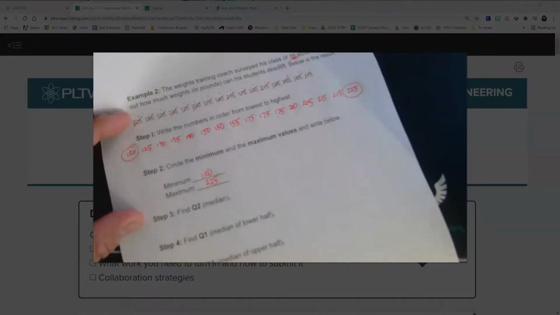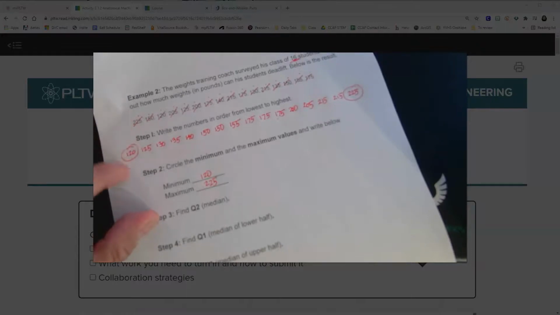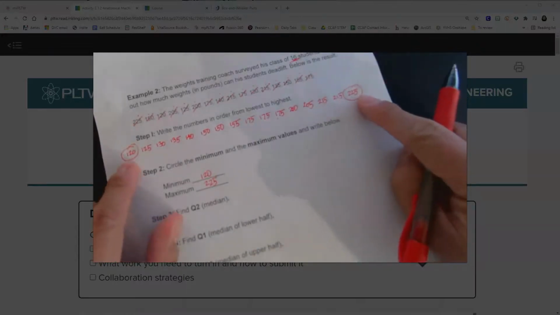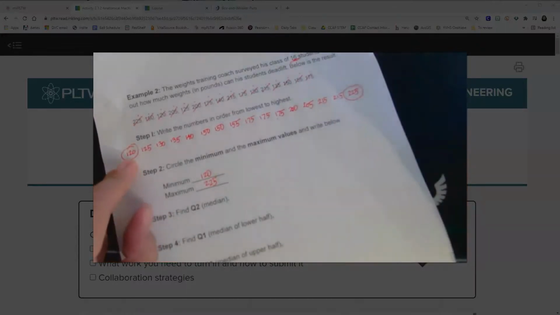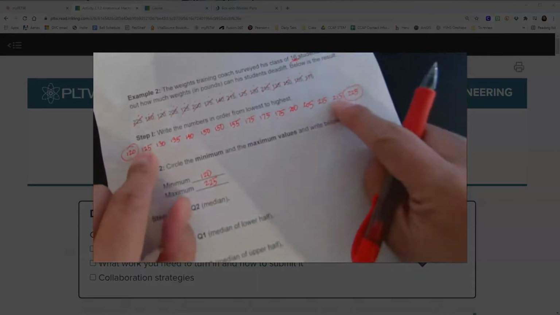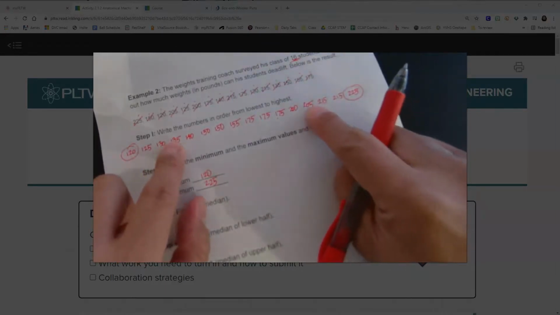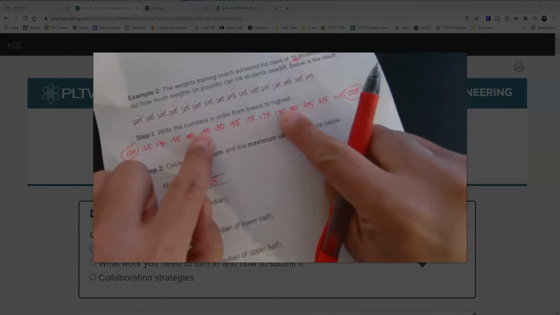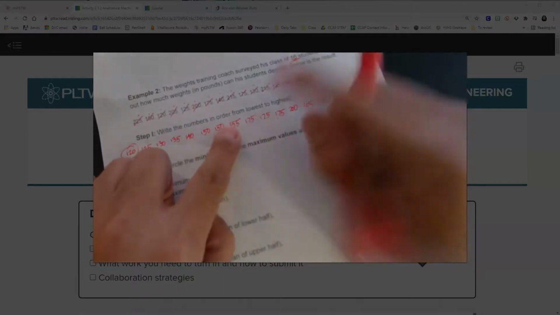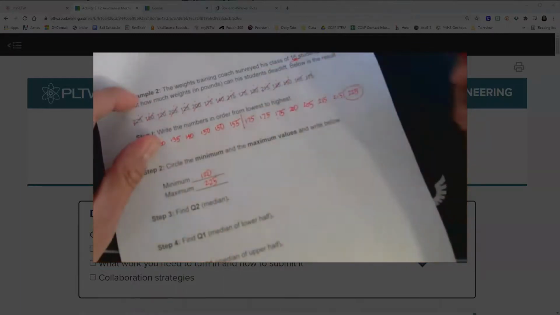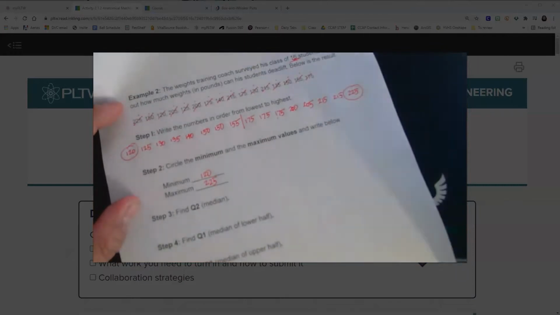Now let's look for the median, or Q2. So all I'm going to do is go back one step at a time. 1, 2, 3, 4, 5, 6. Okay, so with 16 numbers, there is no middle number.